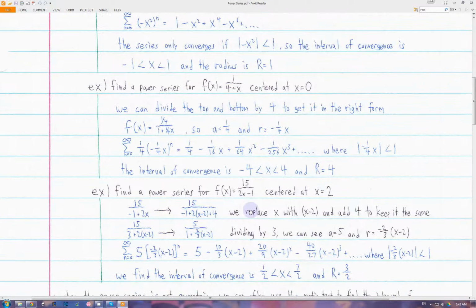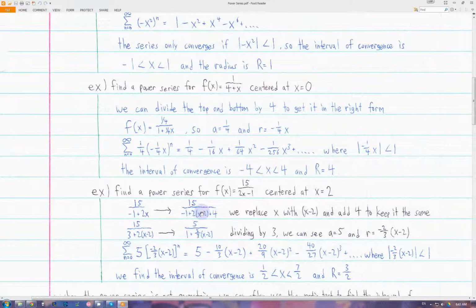Now the last one, we're going to make a power series not centered at 0, but centered at 2. So to do that, first we switch these terms just to get it in the right format. And then if it's centered at 2, instead of x, we need to have x minus 2. Remember, we have the x minus c in the power series, where c is the center.